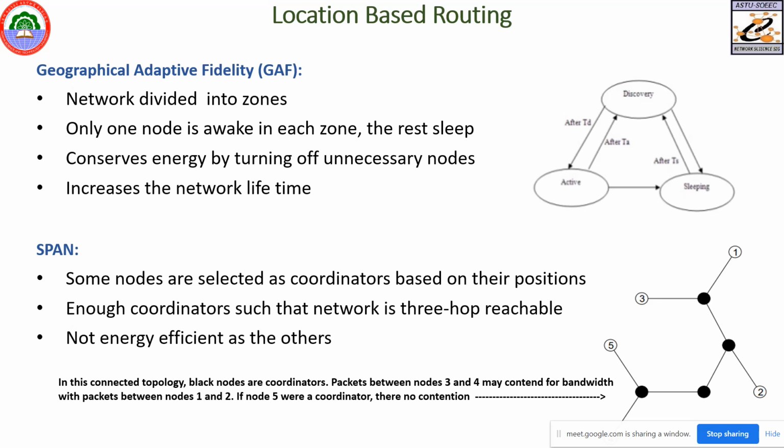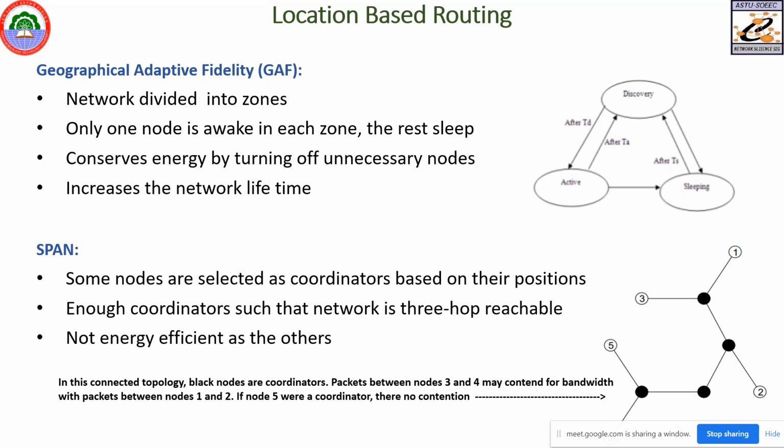Another algorithm is called the span algorithm. In this, some nodes are selected as coordinators based on their positions. These coordinators form a network which is used to forward the messages.